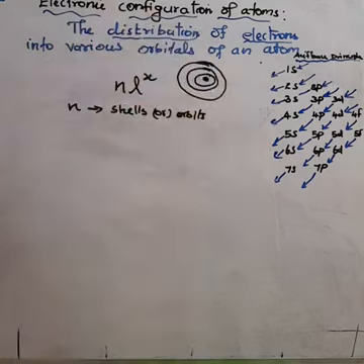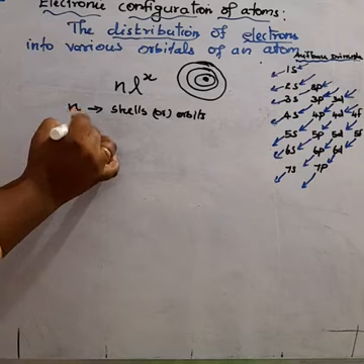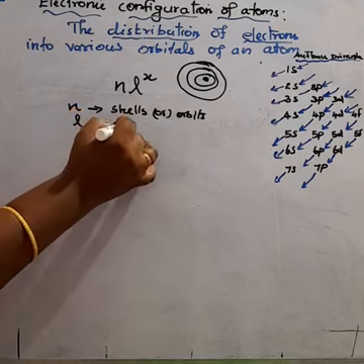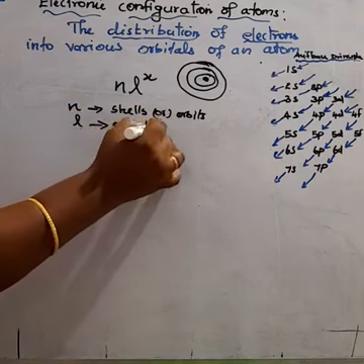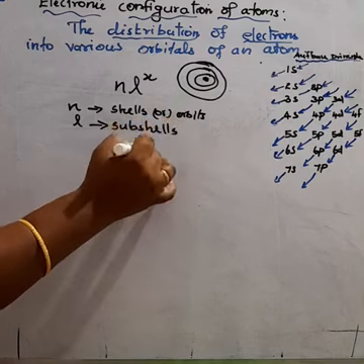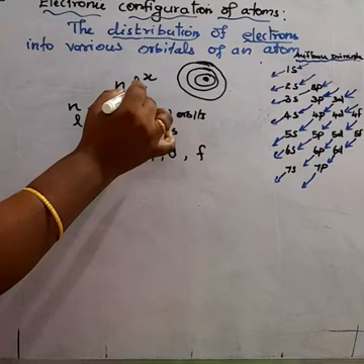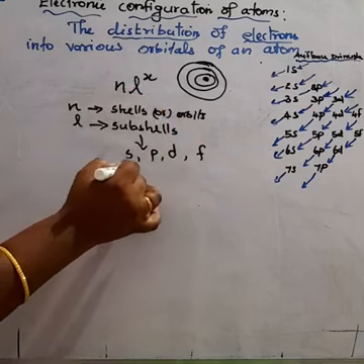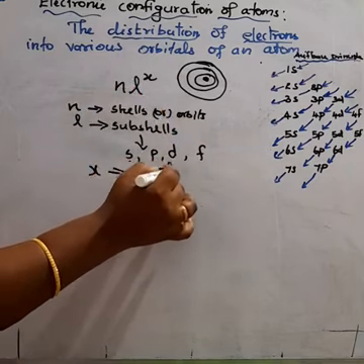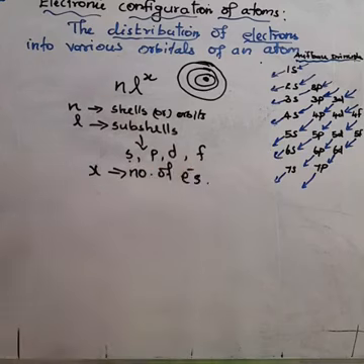And l represents the subshell. The subshells are s, p, d and f. Here x represents the number of electrons present in that orbital.